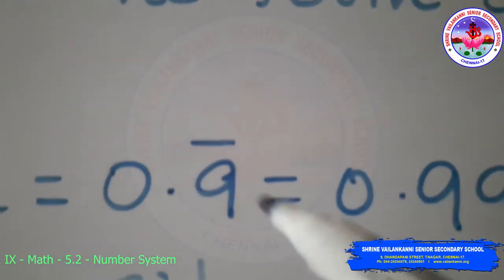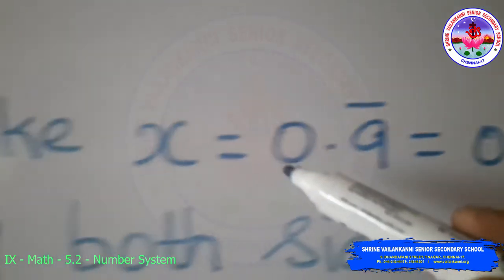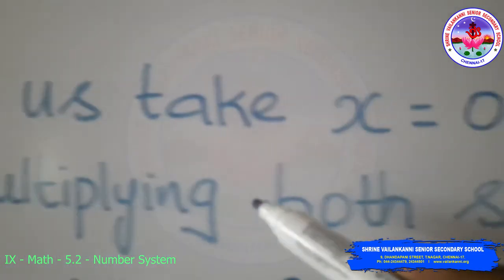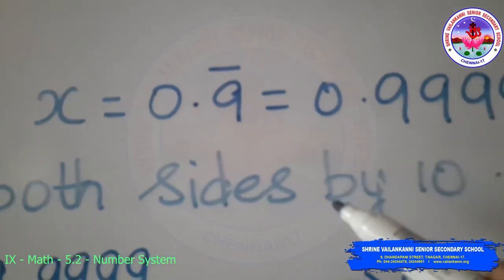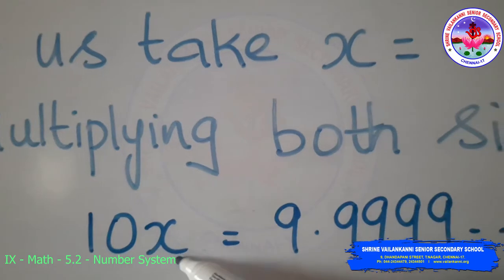Since the bar is placed above one digit, I am multiplying both sides of the equation by 10. So I will be getting 10x.